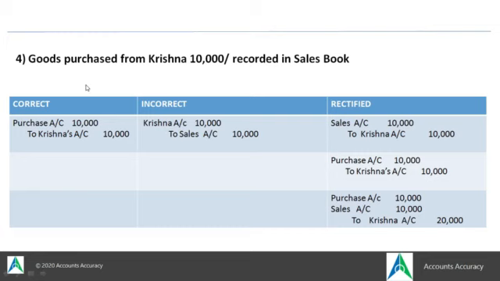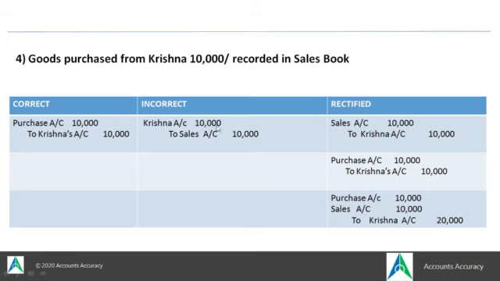Now the fourth transaction is goods purchased from Krishna 10,000 recorded in sales book. Here instead of purchase book it got recorded in sales book. Your correct entry is purchases account to Krishna account 10,000. Incorrect entry is Krishna account to sales account 10,000. You need to just pass the reverse entry to cancel the incorrect entry because it is not required at all. So reverse entry will be passed as sales account debit and Krishna account credit.